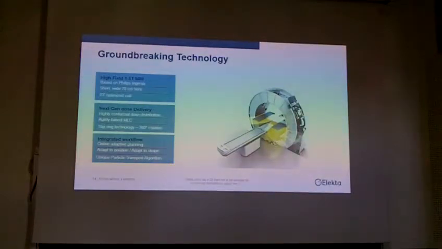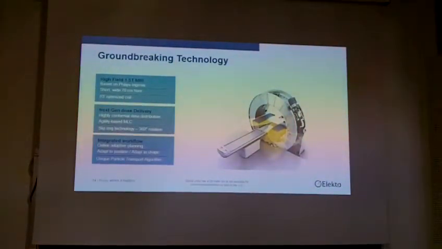So here's some data. It's a 1.5 Tesla MRI based on Philips Ingenia. It's a short, wide, 70 centimeter bore with an optimized coil for radiotherapy. We developed from scratch a new linear accelerator with an Agility-based MLC, and it has the slip ring technology with 360 degrees, rotating around the MRI.